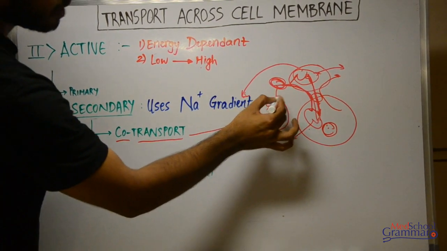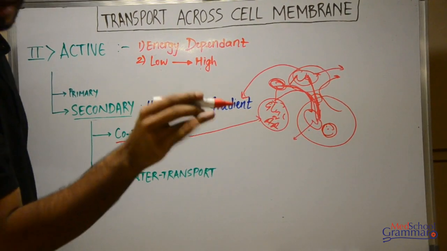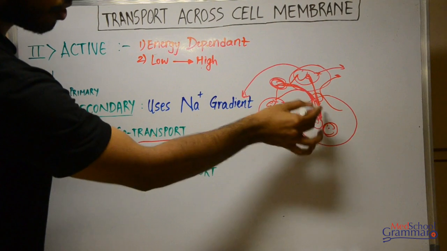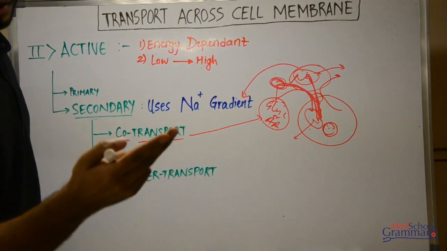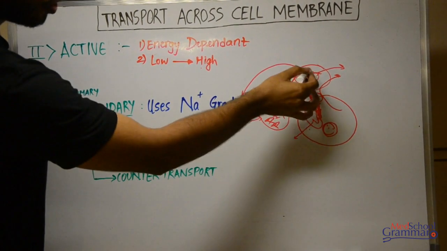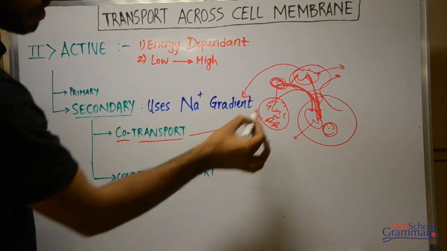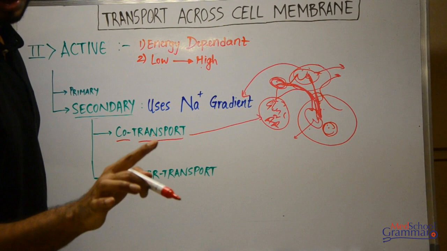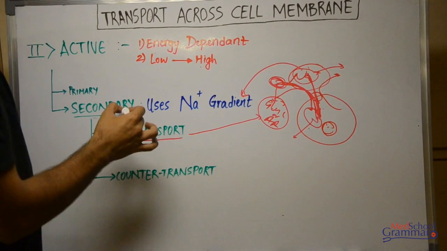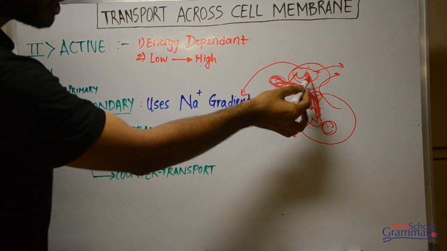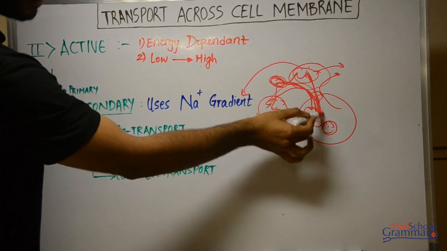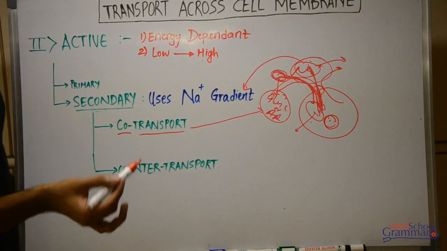But glucose or amino acid move along with sodium in the same direction, that is co-transport, but their concentration gradient is the opposite of sodium. Do you get me? Sodium moves along the concentration gradient but glucose or amino acid move against the concentration gradient. Therefore it is an active transport, and since it utilizes the sodium gradient, it is a secondary active transport. And since they move in the same direction, it is co-transport.